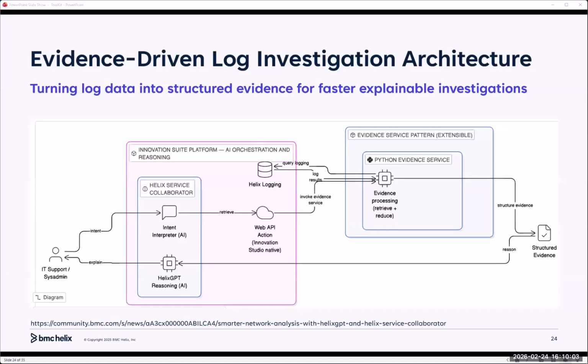And that's what we get back into Helix GPT, which does the reasoning over it. And then it can explain what's happening, highlight the patterns, and suggest what next steps you might have to take to rectify the situation.